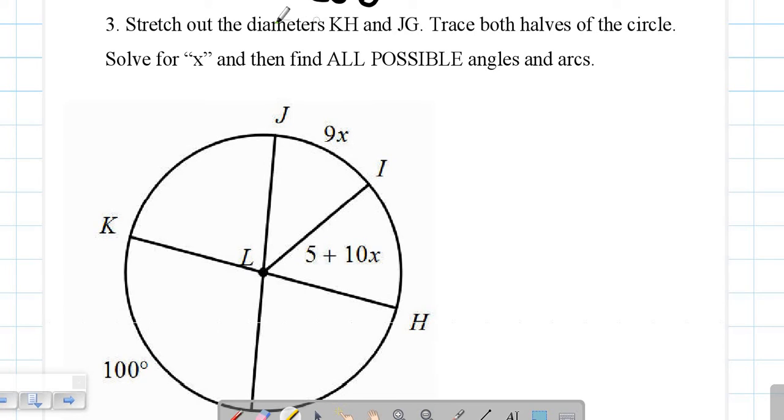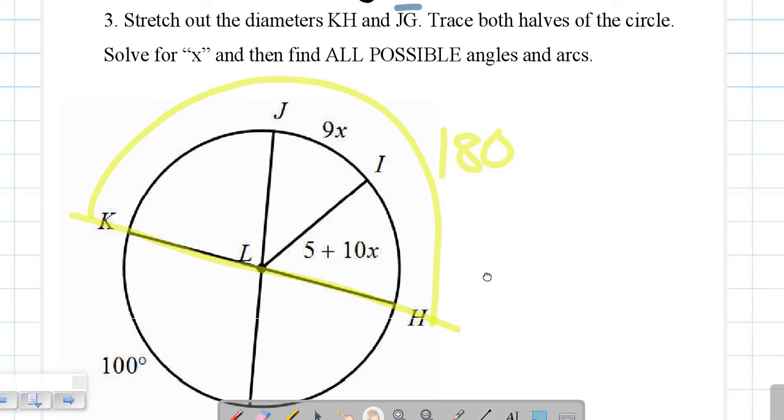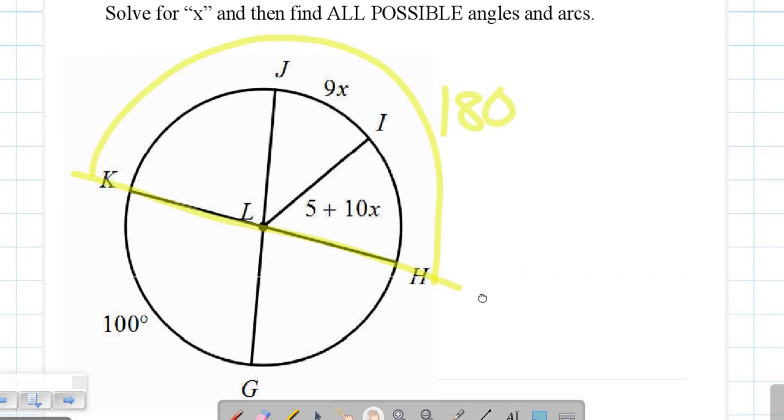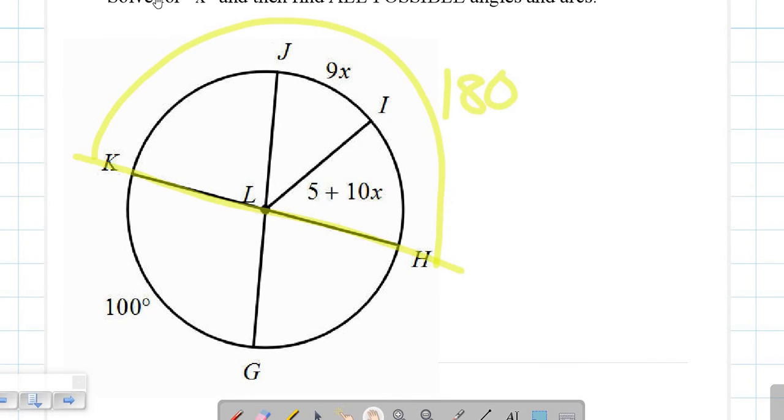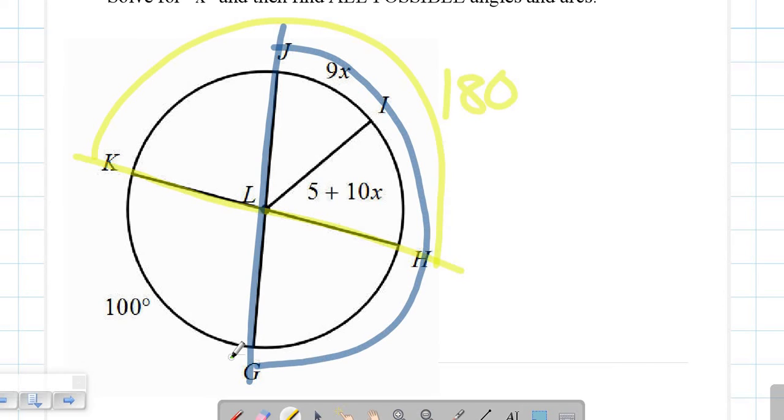We'll do this one together. It says stretch out the diameter KH, trace, stretch, sweep, 180, and then JG, trace, stretch, sweep. So we want to solve for X, of course, and then find all the arcs and angles.